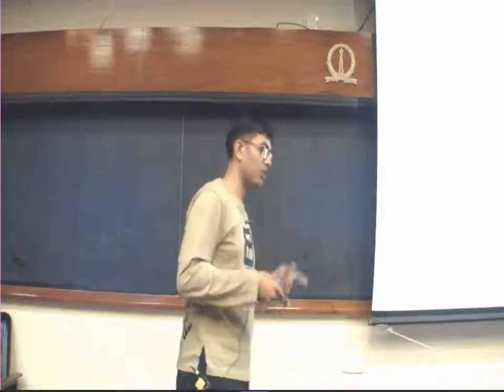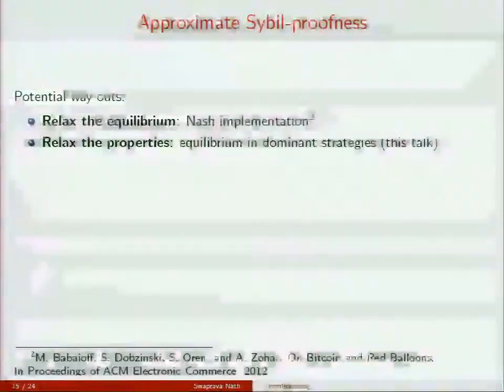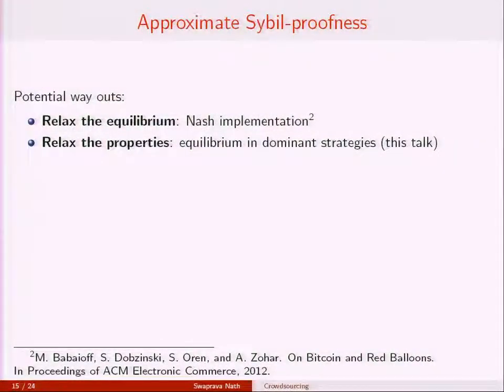When you have roadblocks, you try to find some escape routes. One escape route, shown by Babayov and others, is weakening the notion of dominant strategy. You remember that we said it does not matter what the other people are doing, it's still beneficial for you to not create fake nodes. They say it's beneficial for you not to create fake nodes, given that others are also not creating fake nodes. It's a little bit weaker, but you have some escape routes there.